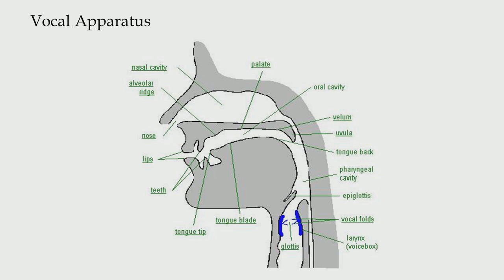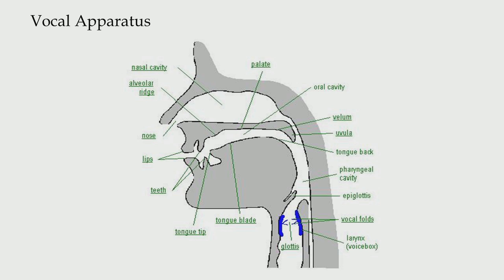So the distinction between oral sounds and nasal sounds is this, and the uvula is responsible for that distinction in directing the flow of air through either completely the oral cavity or partially through the nasal cavity as well.